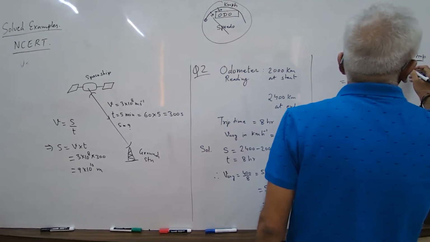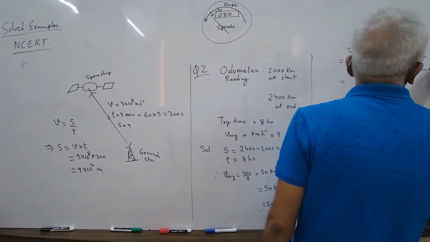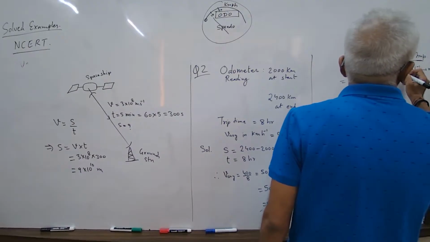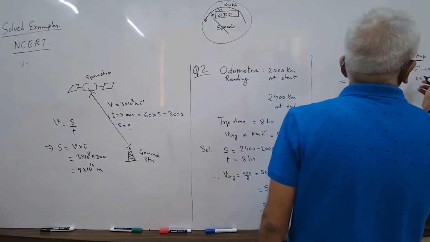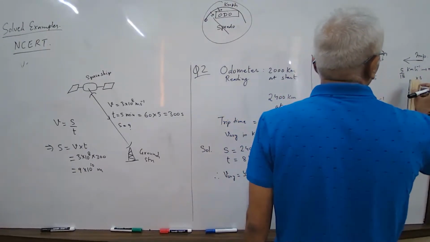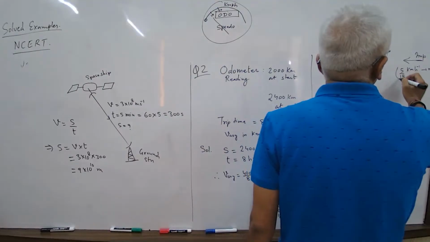Important. The value in kilometer per hour, you have to multiply by 5 by 18 to get the value in meter per second.